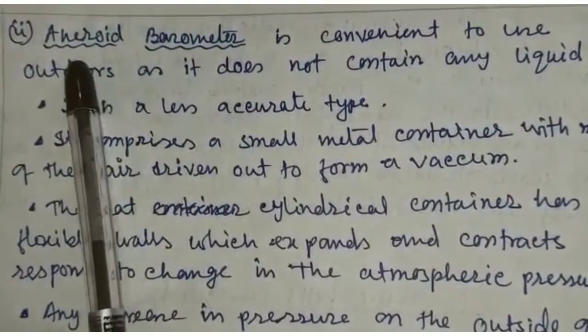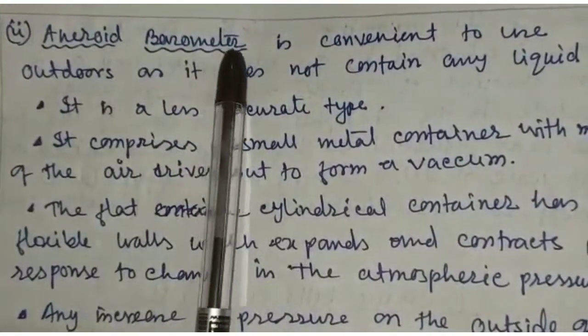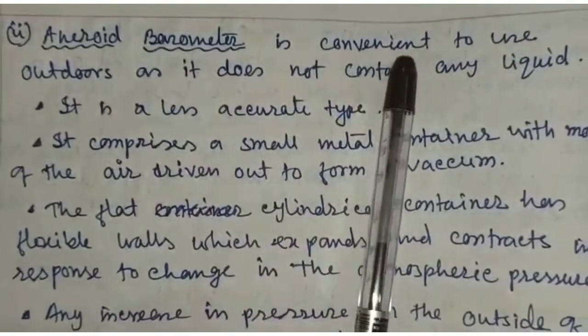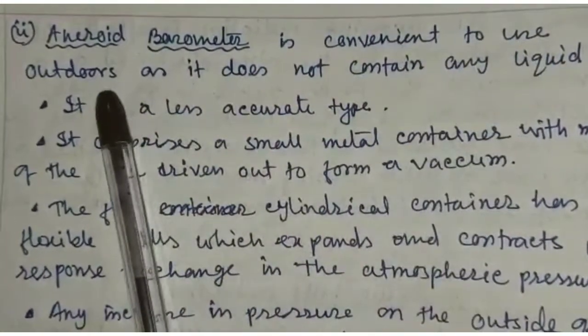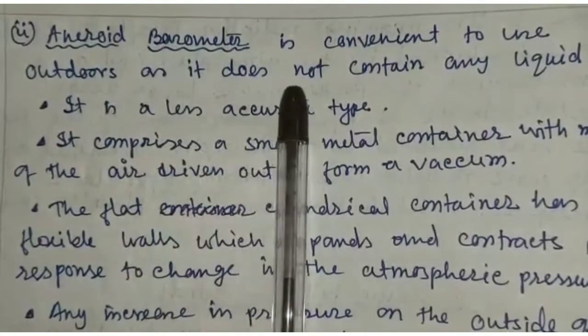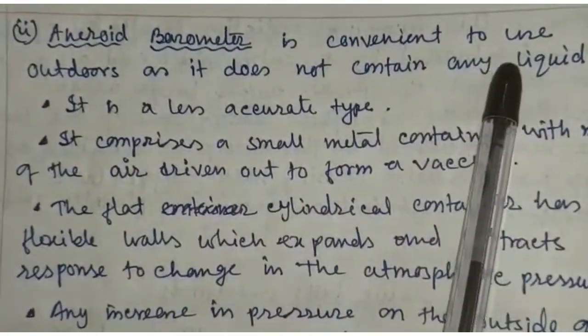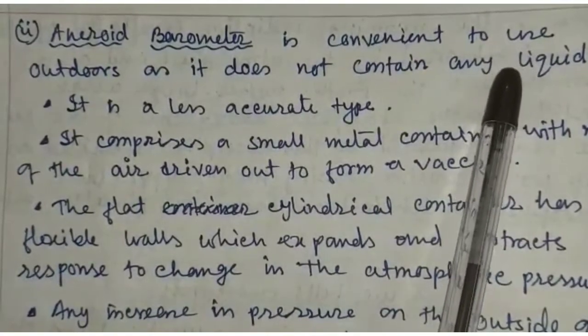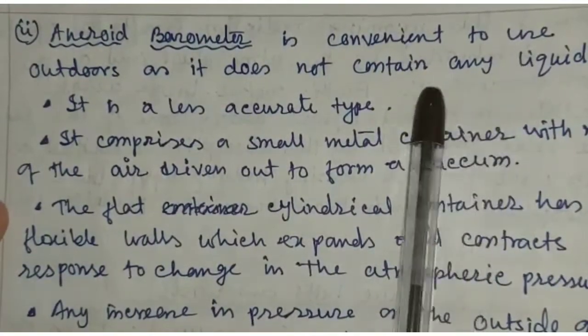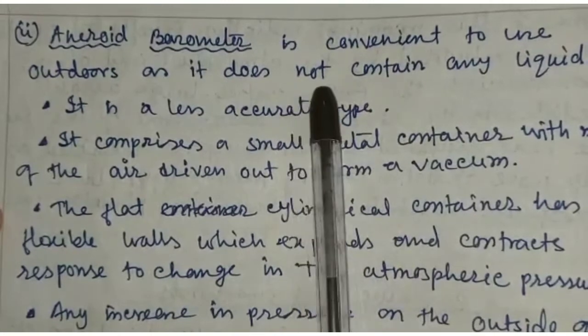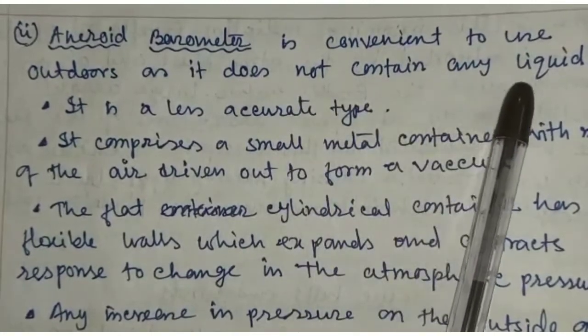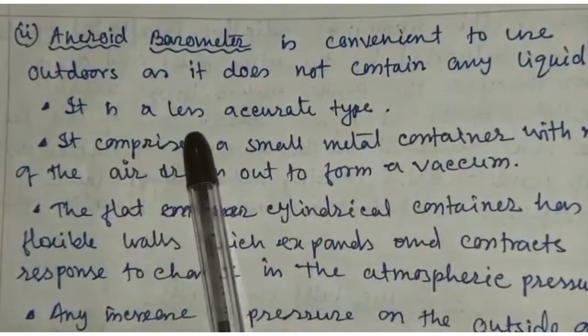Now, the aneroid barometer. It is convenient to use outdoors as it does not contain any liquid. In the Fortin barometer we use mercury; here there is no liquid. It is a less accurate type.